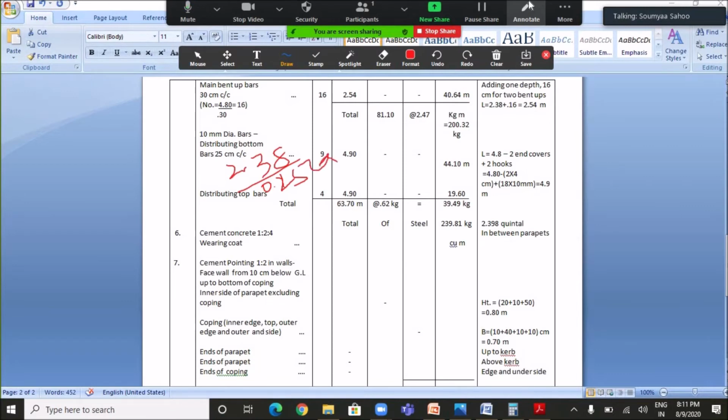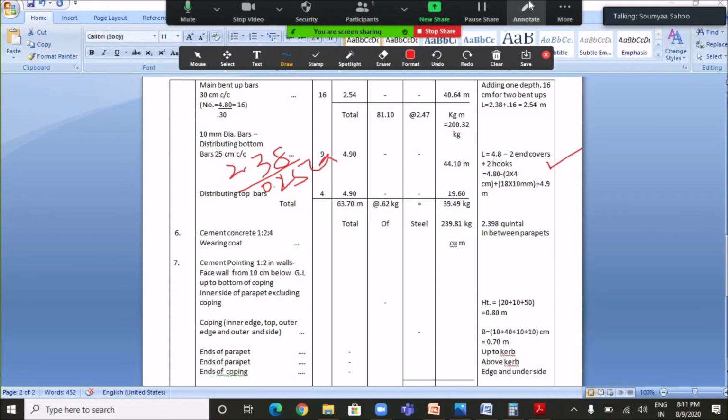and we are going to get this number as 9. And to find out its length, we have to first take the length of the slab and subtract the two end covers, and then add the total length of hook.